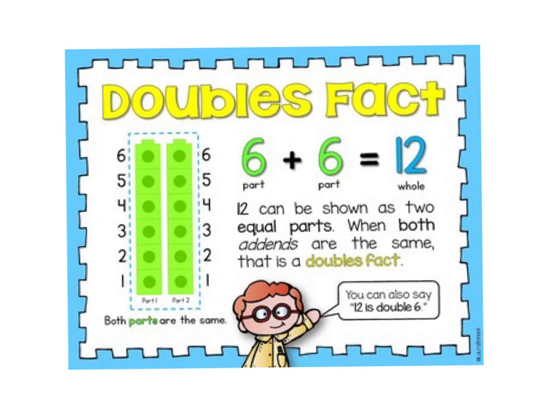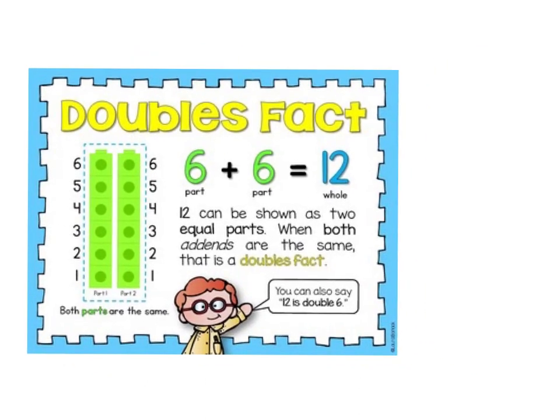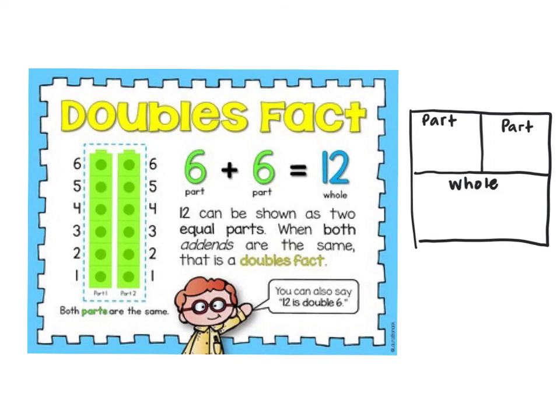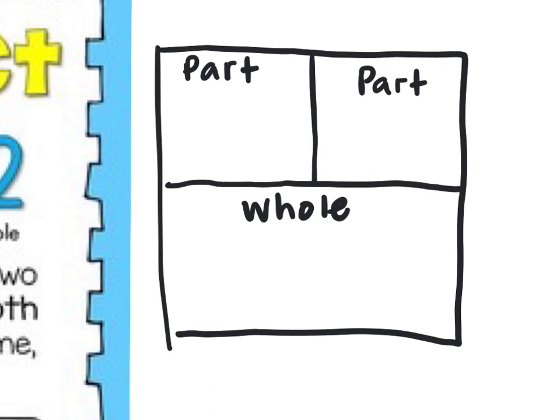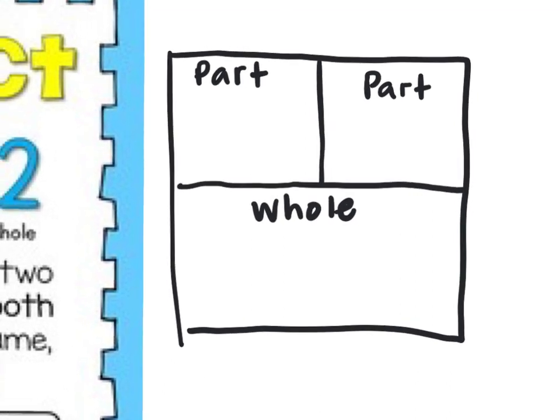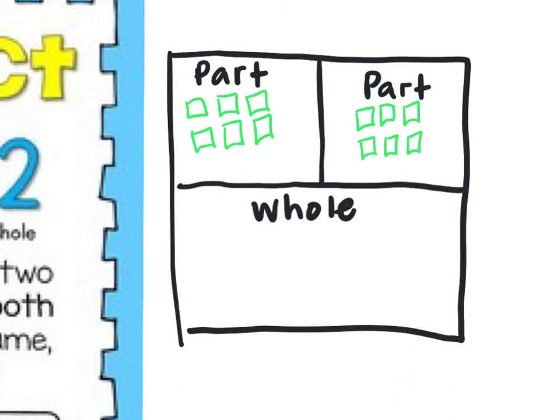So 12 can be shown as 2 equal parts. When we're thinking about 2 parts, we can use a chart like this, part, whole. And we can think if we have 6 cubes over here and 6 cubes over here, we can see these 2 parts are equal, which means there's the same amount of blocks in each part.